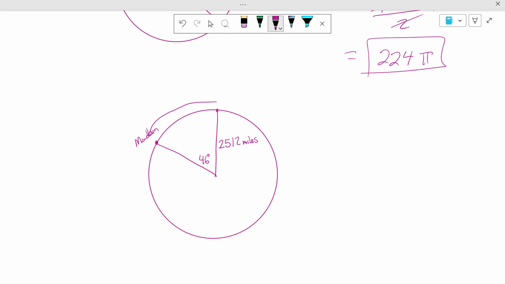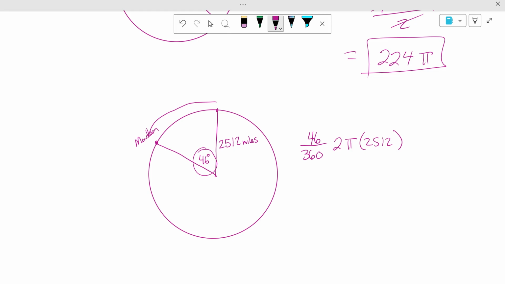Okay. Are we dealing with arc length or sector area? Arc length. Okay. Length of that arc. Since we have degrees involved, are we doing geometry or trig? Geometry. So we put the angle 46 over 360 times 2 pi times the radius. Now this time, I'll say, what is it to the nearest mile?